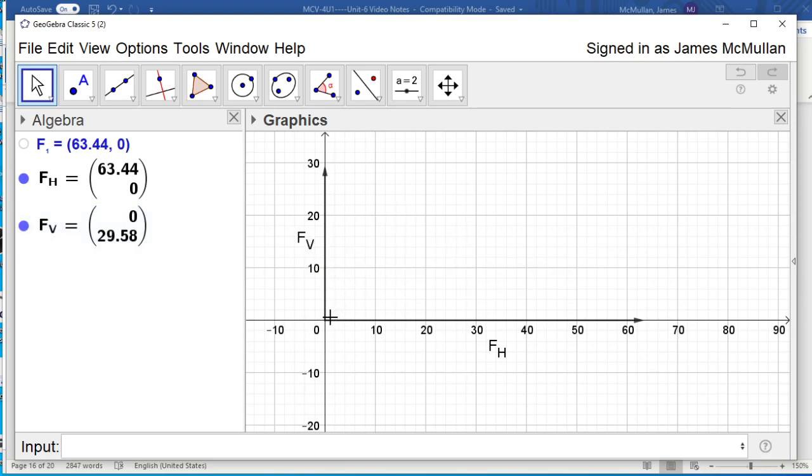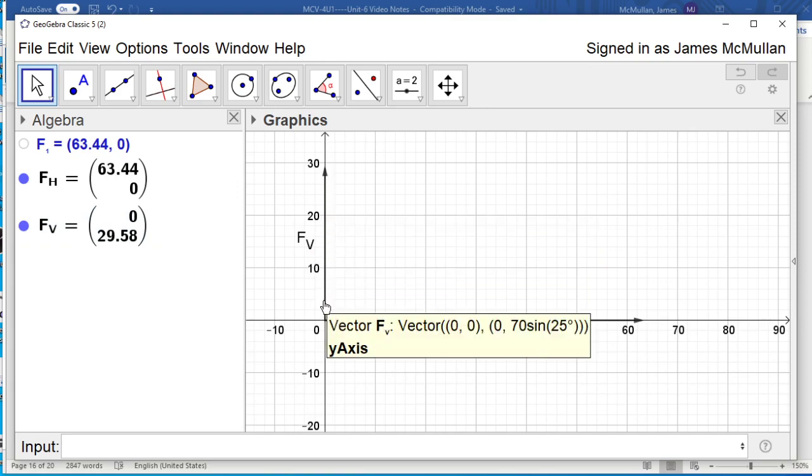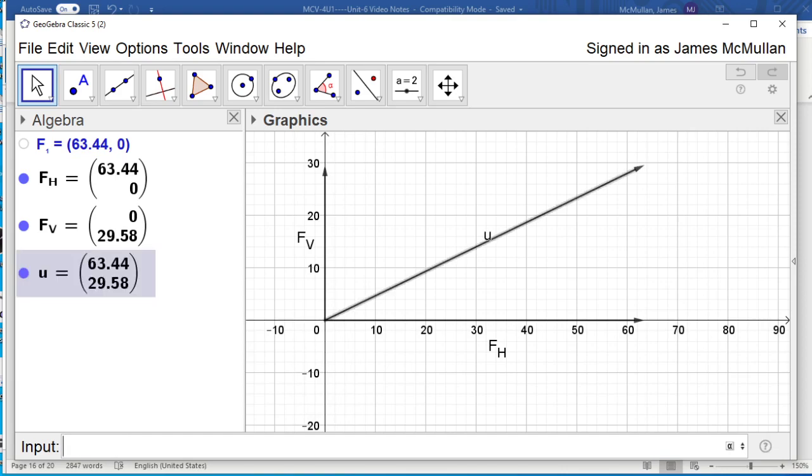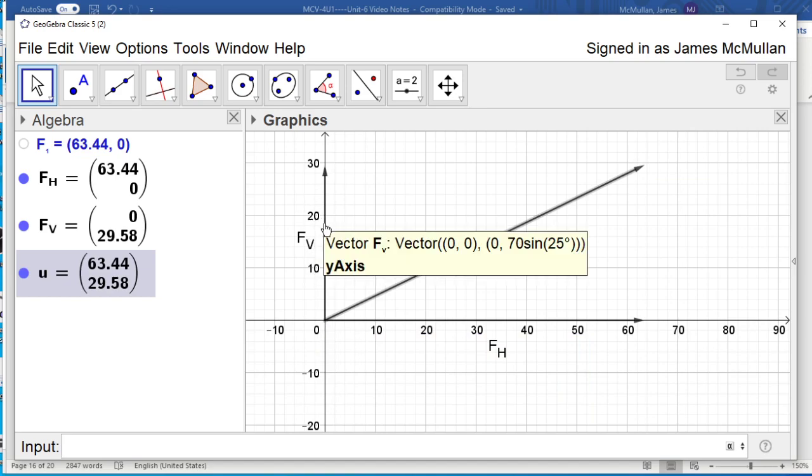Now again, the two forces have 90 degrees between them. We set it up that way. We wanted it that way, so that we resolved it into thinking about it as a vertical force and a horizontal force. When you add these two together, you would get the force that he's actually pulling with. Remember, when you add vectors together, you move FV.